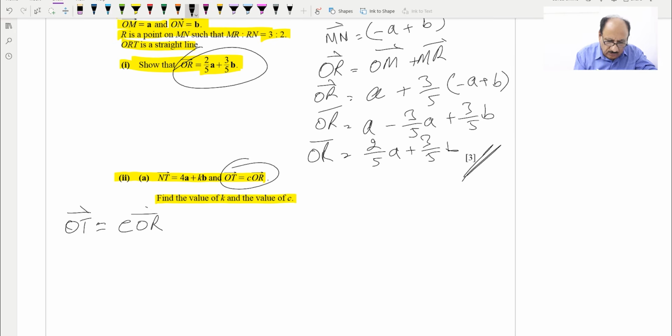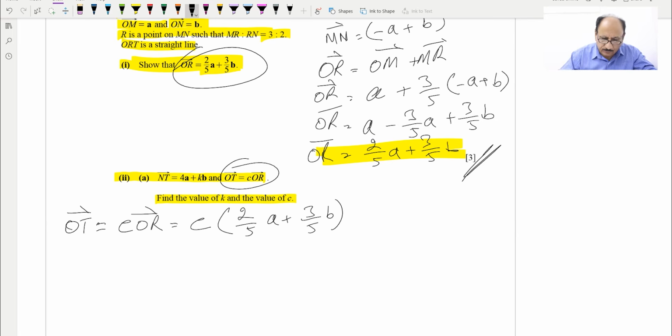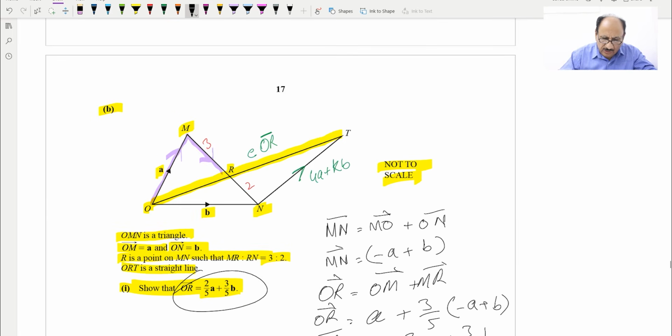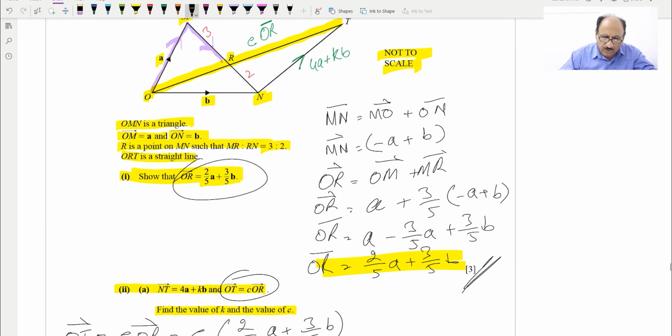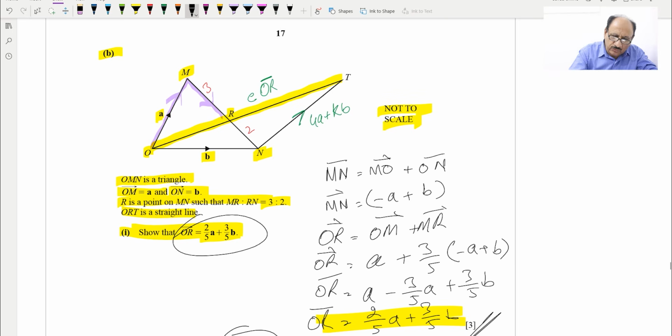So I'm using that one, and the OR value we have already found in the previous part, which is 2/5 a plus 3/5 b. This is equal to OT, and OT we can take this route, which route?